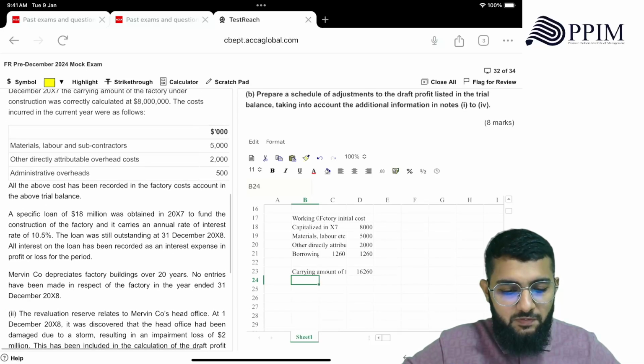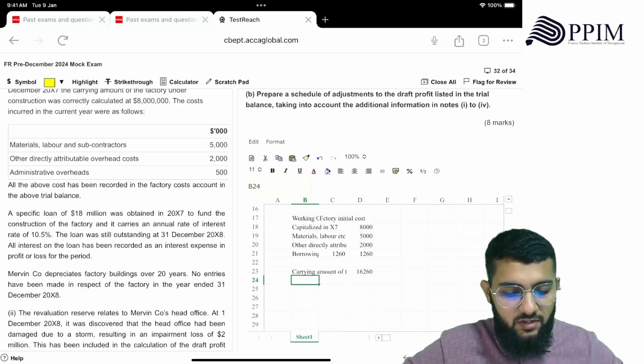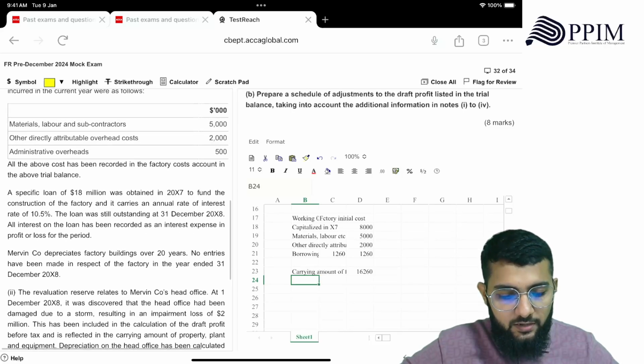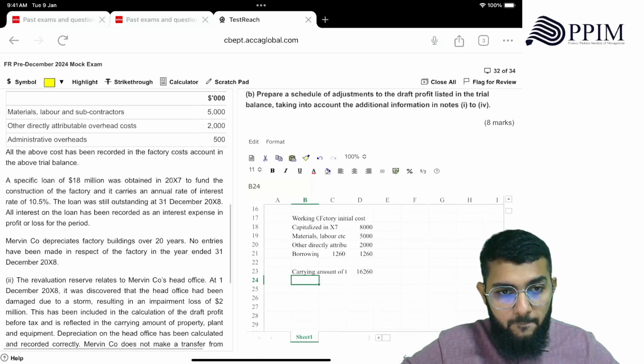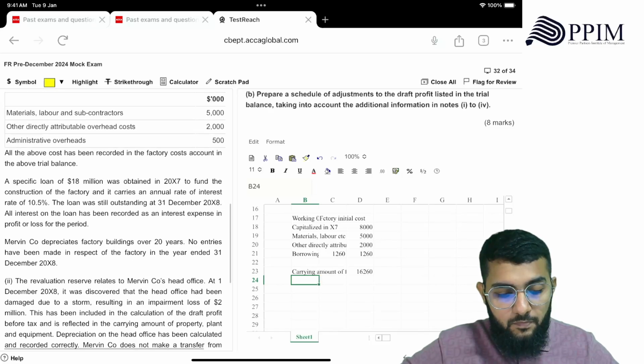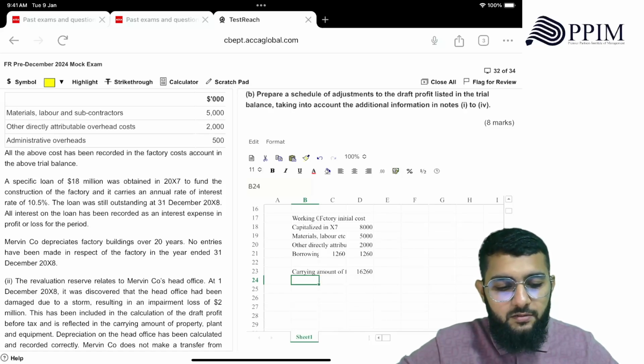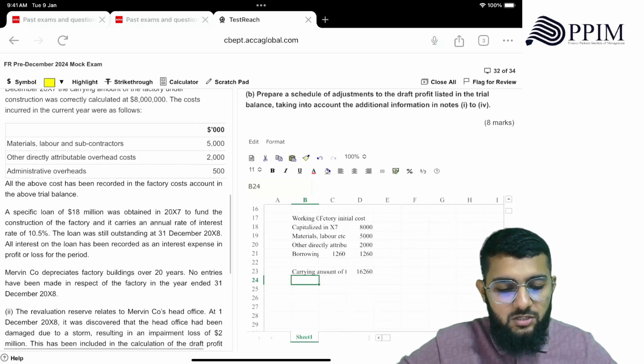Specific loan obtained in 20x7, loan was still outstanding, all interest on loan has been recorded as an interest expense in profit or loss for the period. Based on that statement, I took last year's expense and added that too, because they had the expense. No, you will not be doing that.